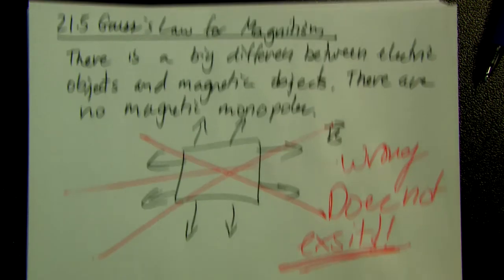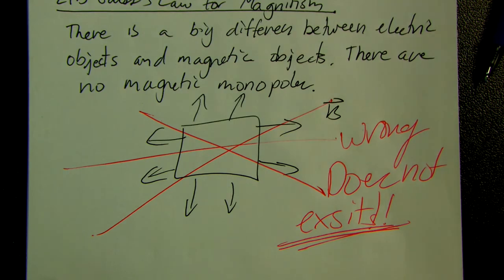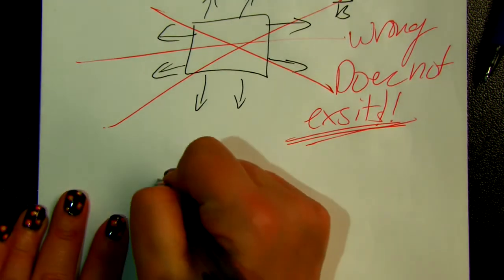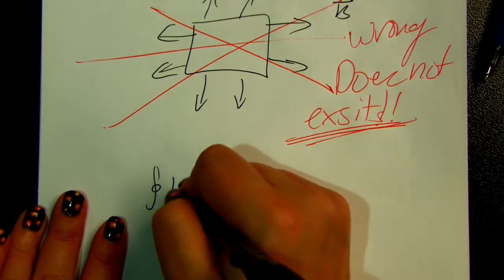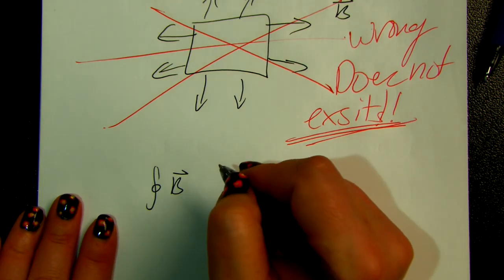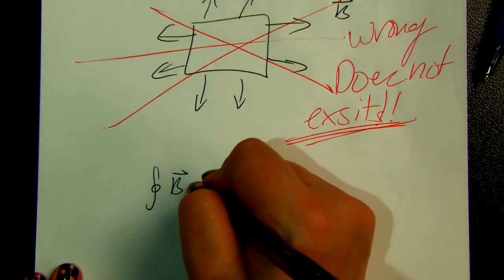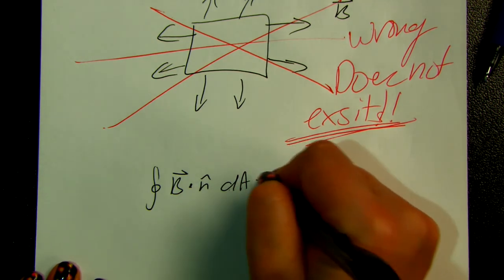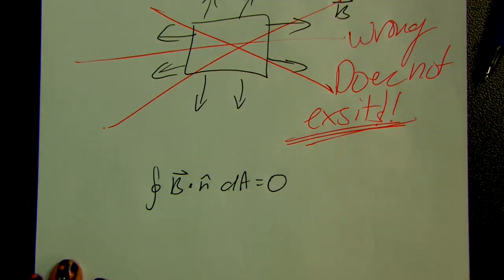That being said, we can get out of this Gauss's law for magnetism. Since we're only ever going to be dealing with dipoles, B dot n dA is equal to 0.